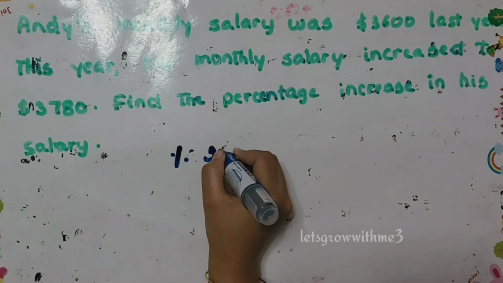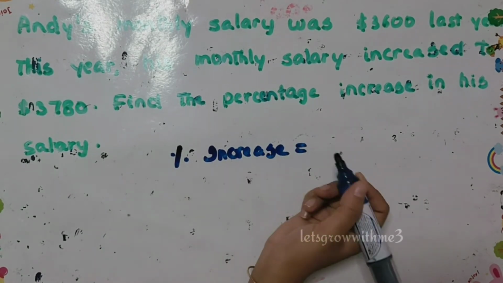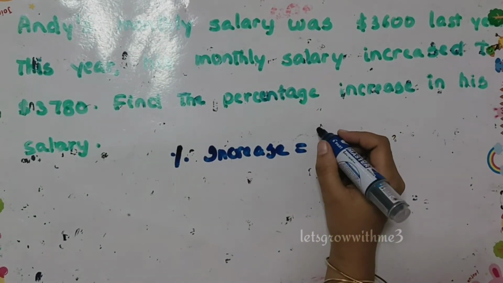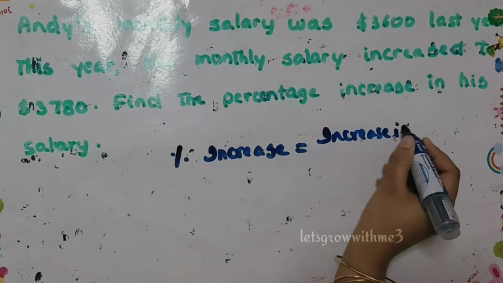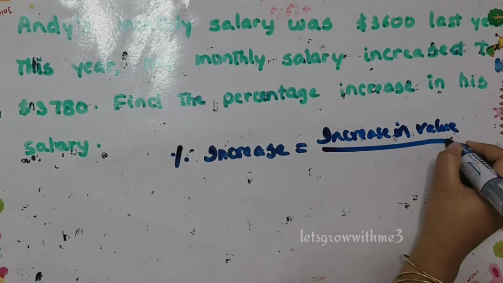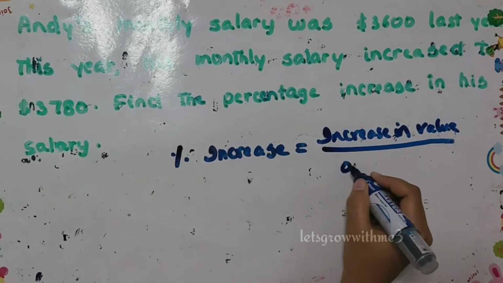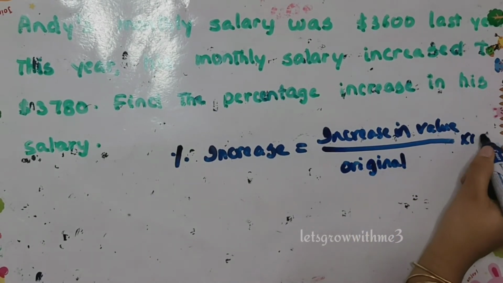So what's the formula to find the percentage increase? Percentage increase is equal to increase in value, meaning how much it has increased, over the original value, times 100%. You are comparing with the original value, then only we will get how much percentage it has increased.